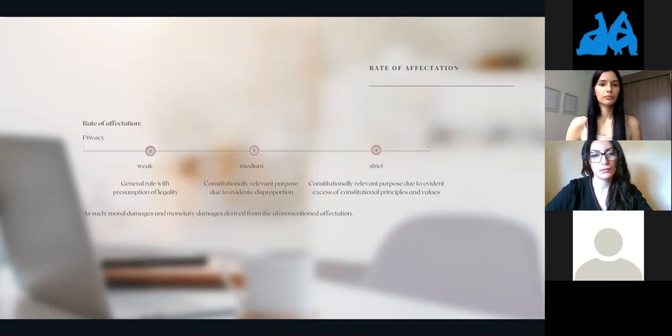These rates depend on the affectation that some people suffer from the exercise of free speech by another person, depending on the level of gravity. De allí, cuando se constituye una afectación, se generan jurídicamente la posibilidad de una indemnización moral o monetaria. From the affectation or the damage, there is a possibility of a monetary or moral reparation.